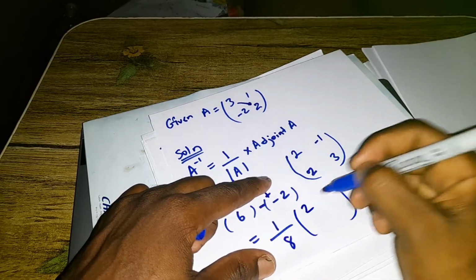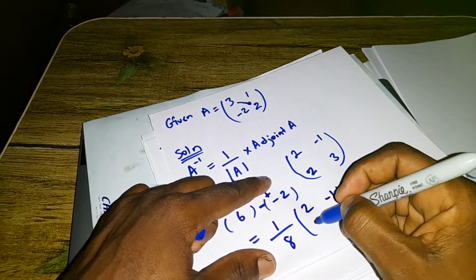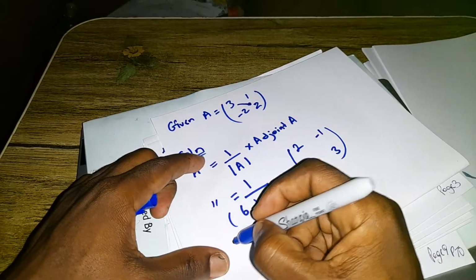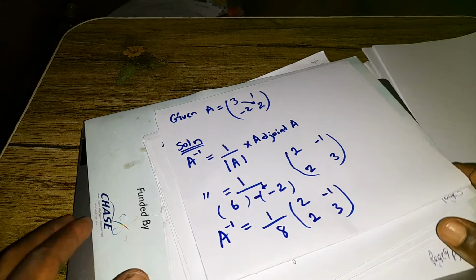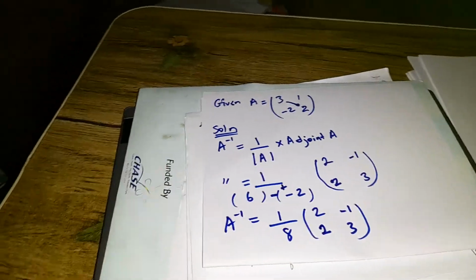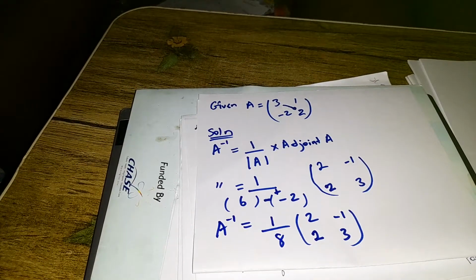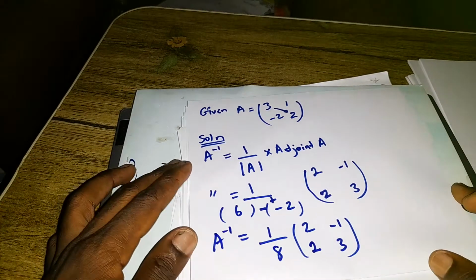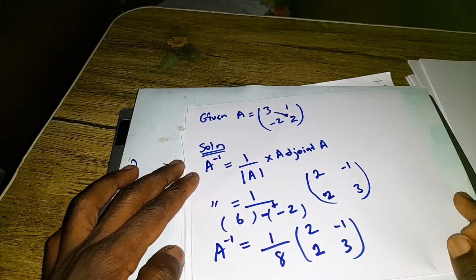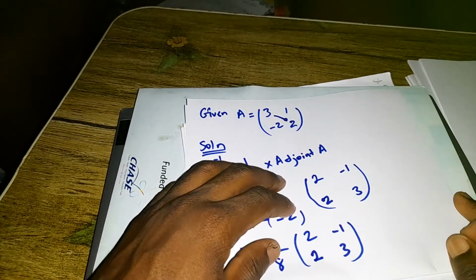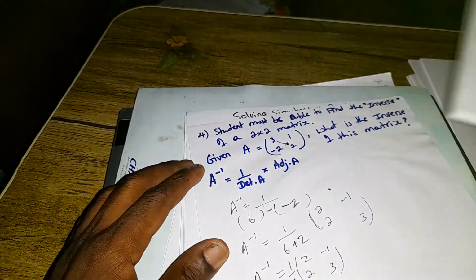Write back the adjoint as it is, and that is it. Therefore the inverse of A is 1 over 8 times that. You can always pause the video and write this off, and always go back over it. So that is it for inverse.